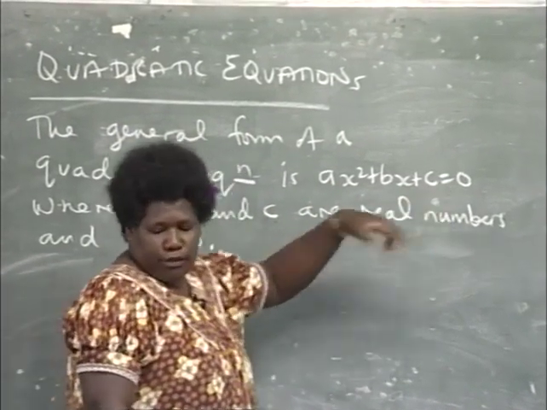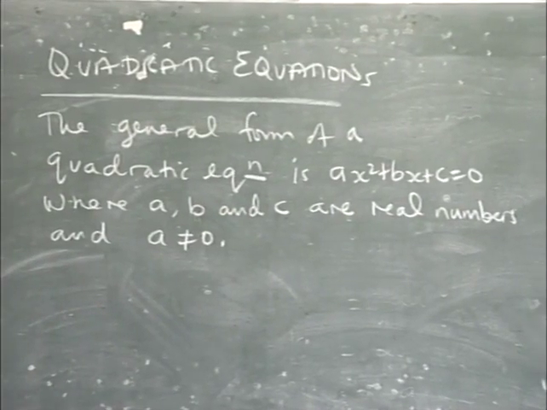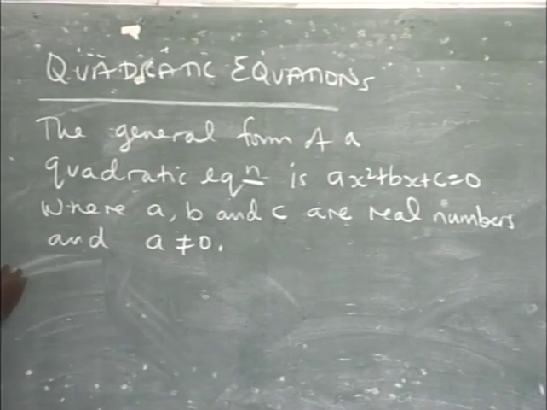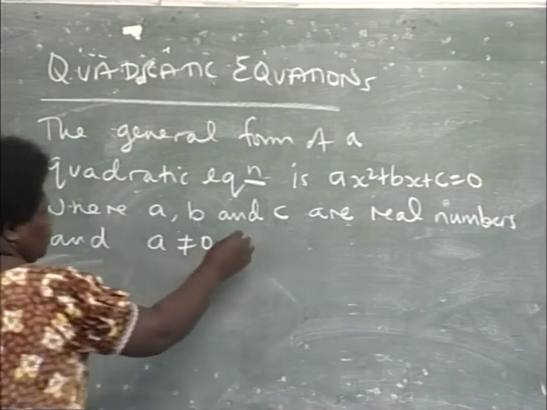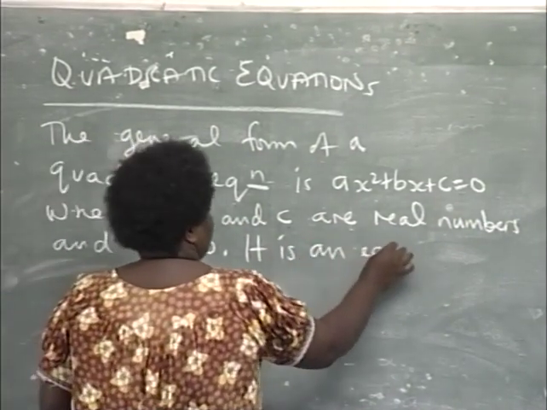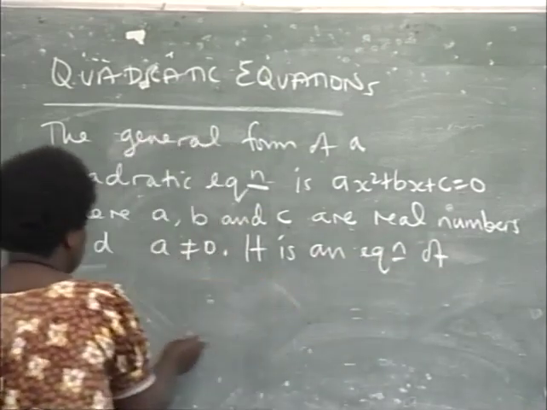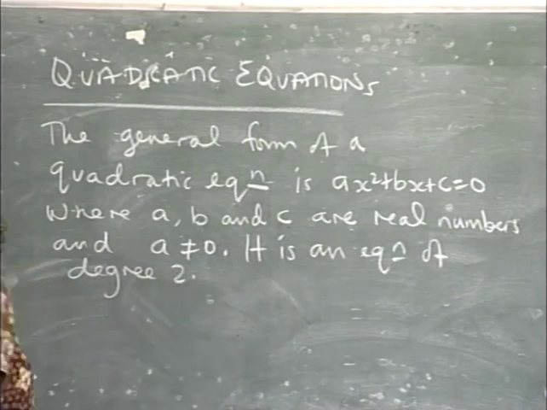If it is equal to 0, then it is a quadratic equation and not an expression. Okay, the highest degree in the equation is 2. So it is called an equation of degree 2, which means the highest power in the equation is 2.